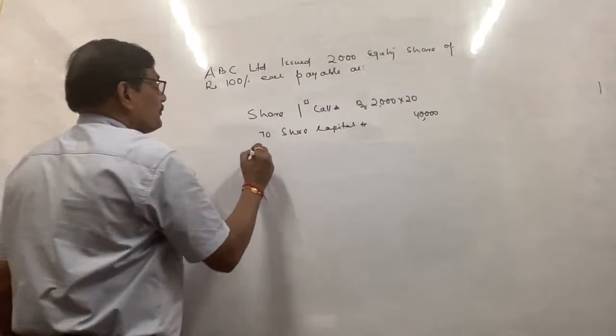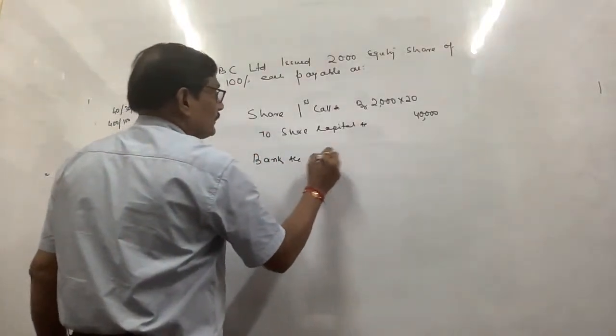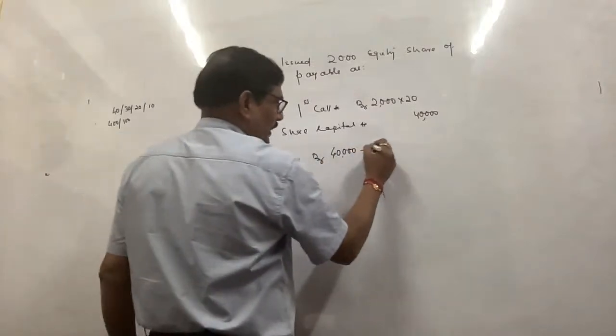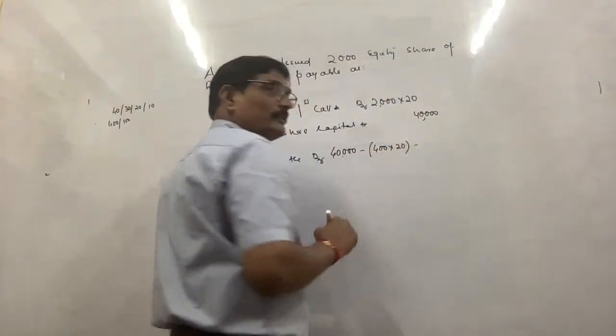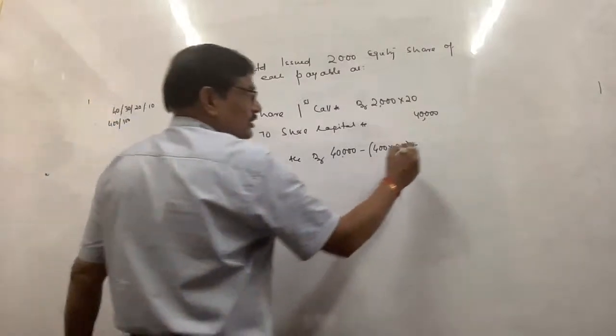So when we receive, bank account debit. I was supposed to receive 40,000. That holder of 400 shares, they are not paying, and one new holder is there, 100 shares, they are also not paying.